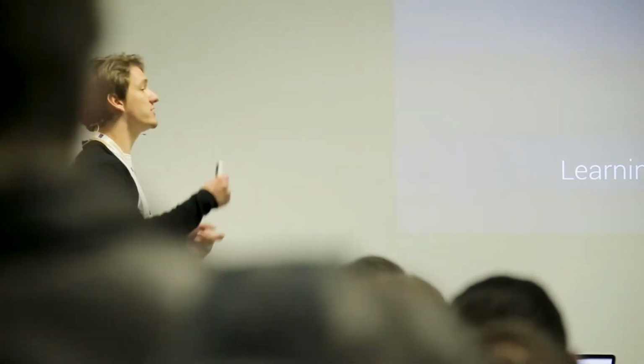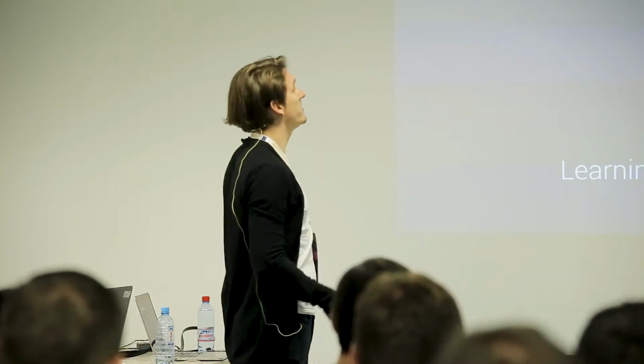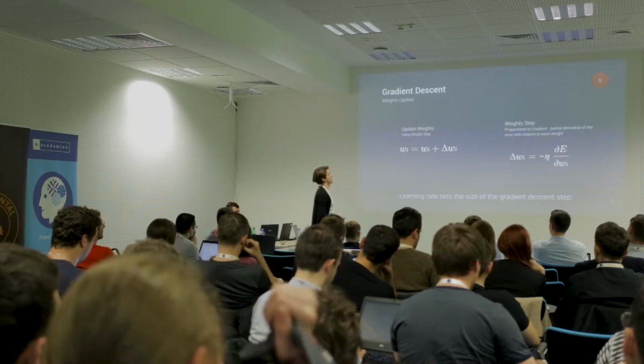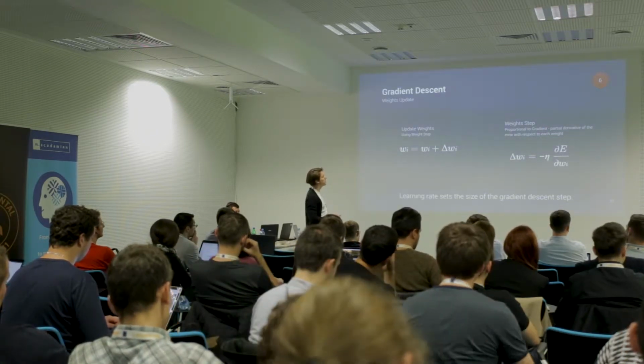You feed the input, the neural network has some initial weights, and it gets an output. By taking the derivative you can see in which direction to go to minimize the function. And by doing this, you can find the value that you need to update each weight in the neural network.